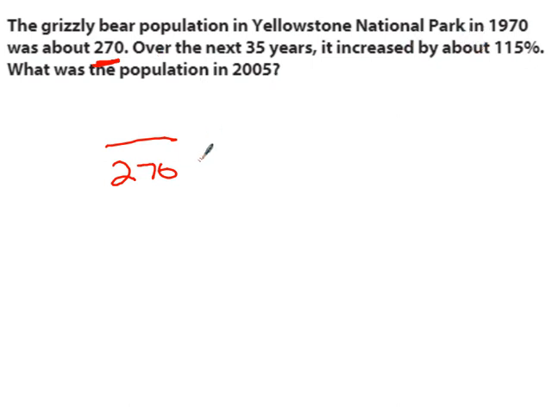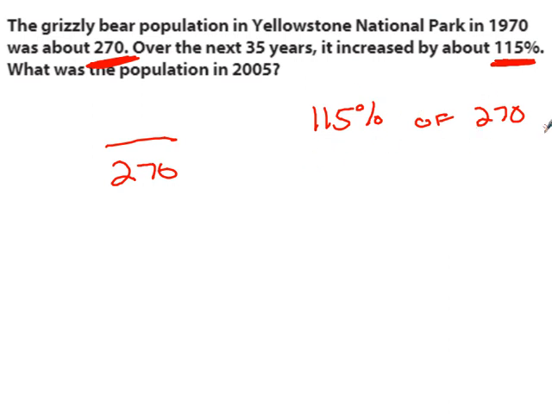So instead of setting up amount of change divided by original amount, I need to figure out what is 115% of 270. If I know that it increased by 115%, then we have to figure out what is 115% of that value?